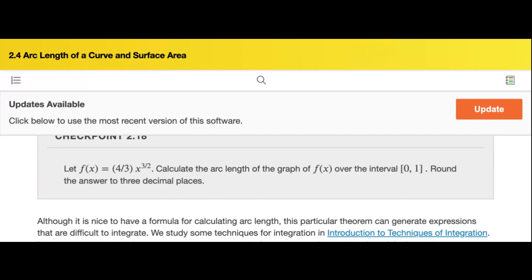Where did pi come from? This is what I got: 1 over 6 square root of 5 minus 1. We all got it just 1. Okay, let's go to the whiteboard for this.